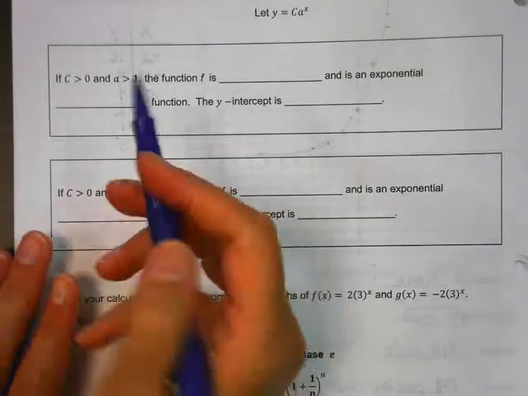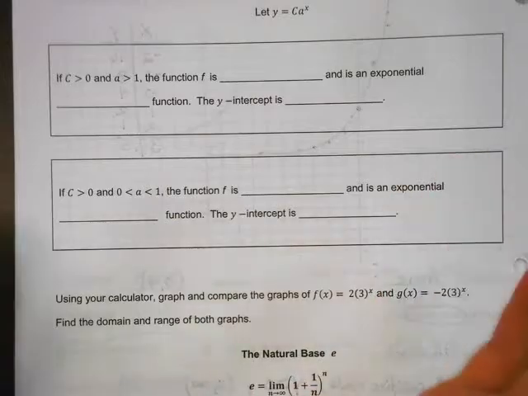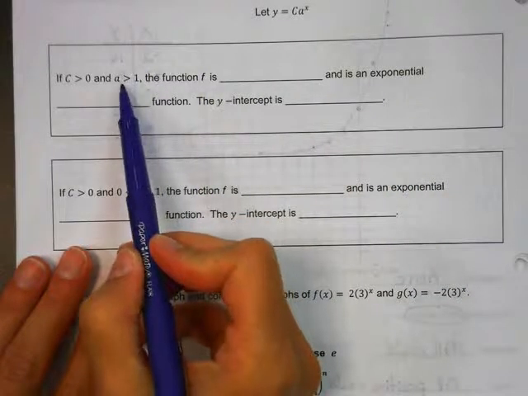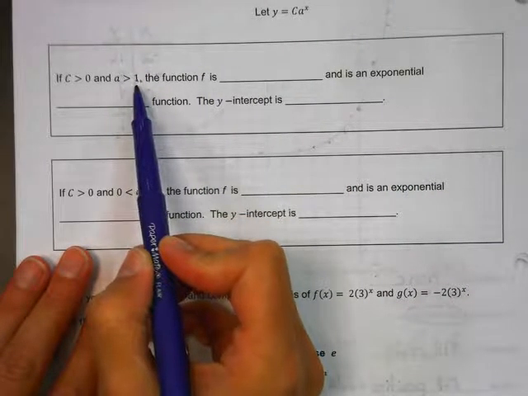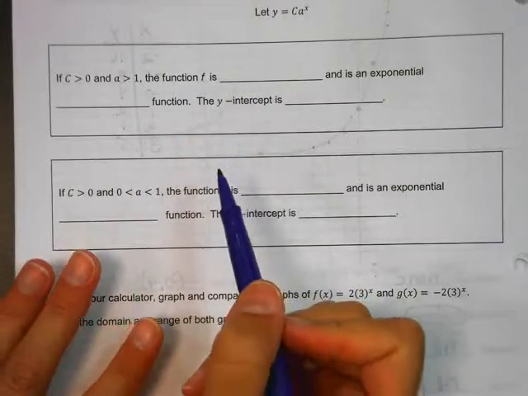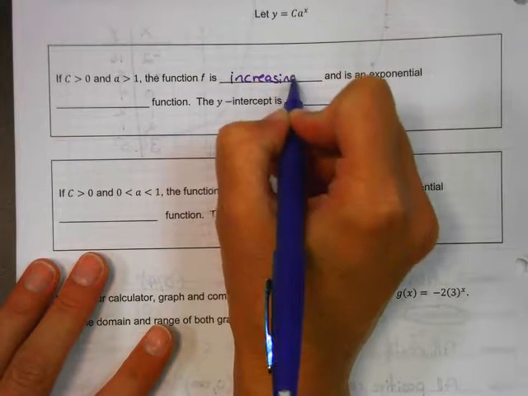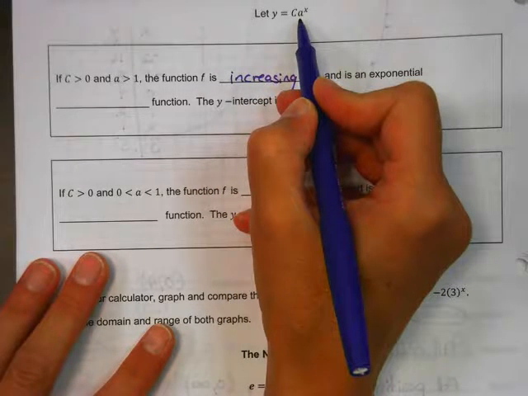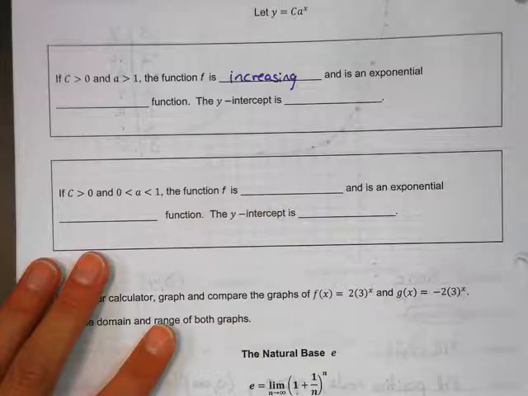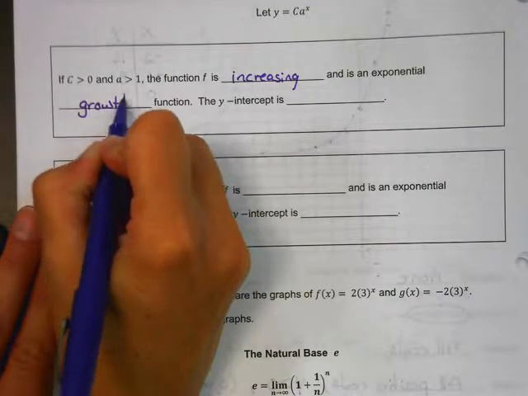All right, so let's just review it. You ready? If C is positive, which is always going to be positive until we start messing a little bit, and A is greater than 1, then the function f is increasing. If A is bigger than 1, your function is going to be rising, and it's an exponential growth function.